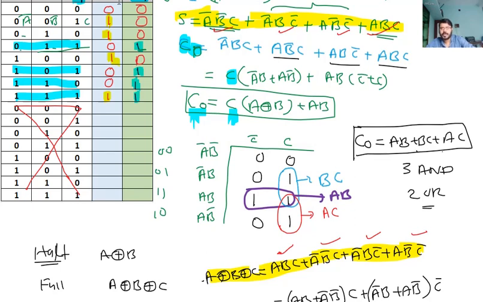So you can write down this sum as A XOR B XOR C. Okay, so the expressions we got is sum is equal to A XOR B XOR C, and carry is equal to AB plus BC plus AC. We have the expression for sum is equal to A XOR B XOR C, and our carry is equal to AB plus BC plus AC.